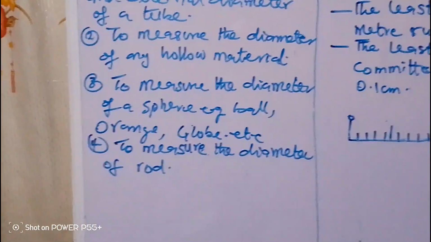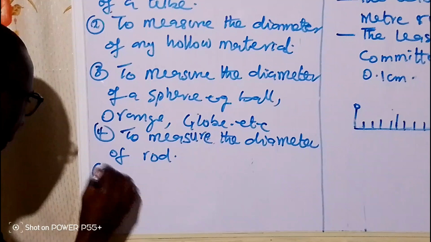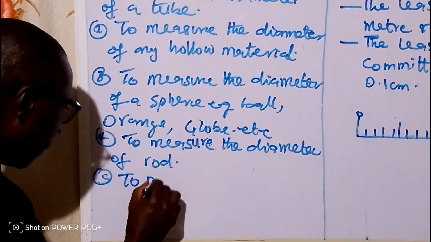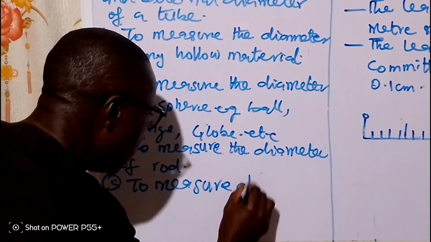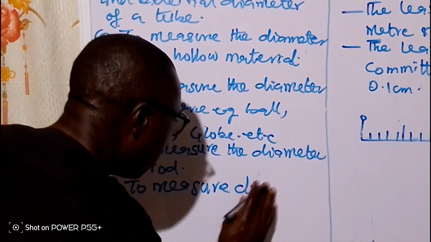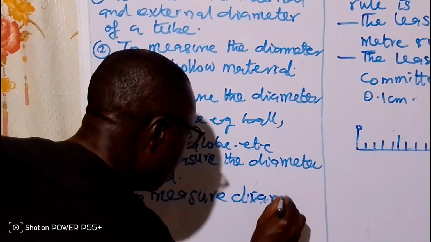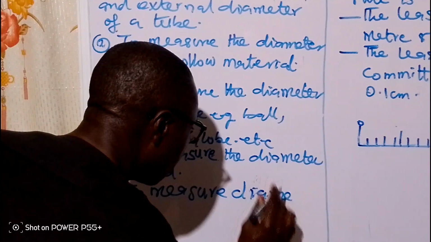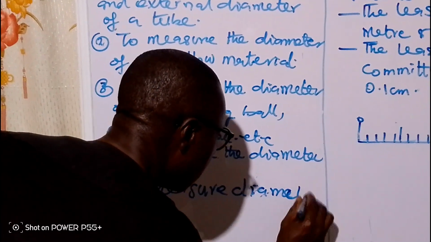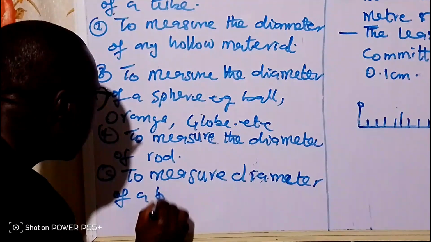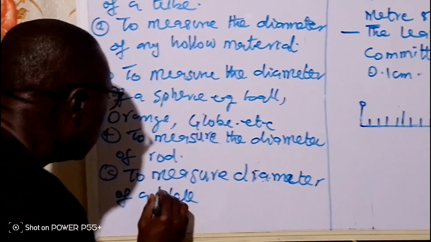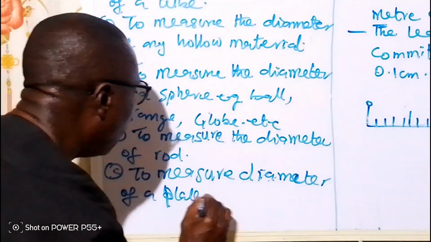To add more, number five, to measure the diameter of a plate or disc.